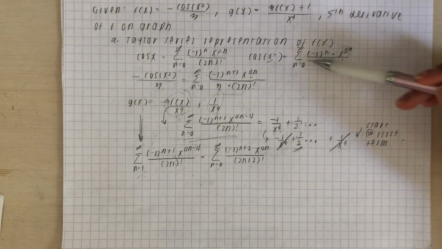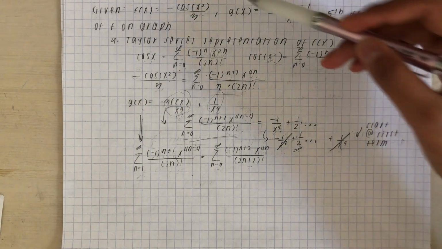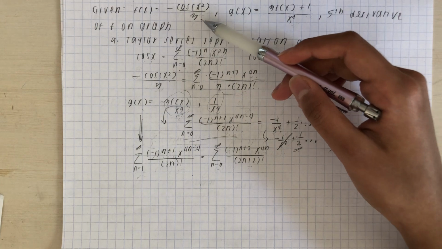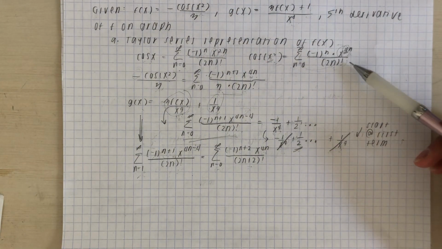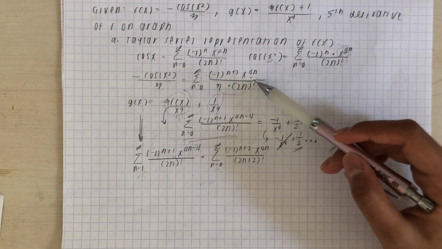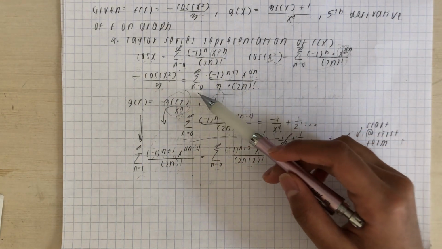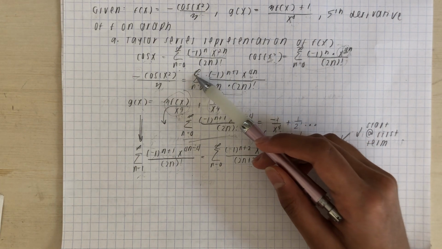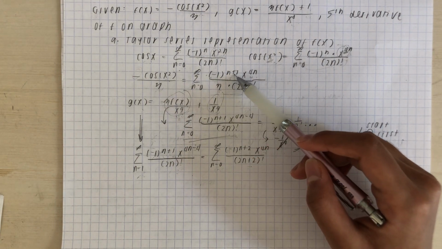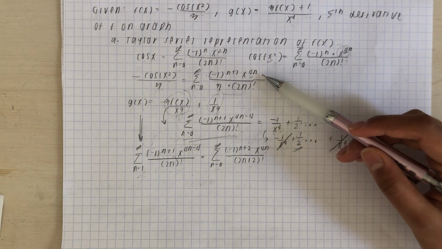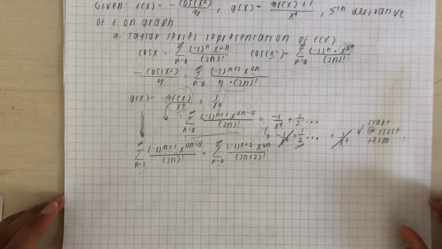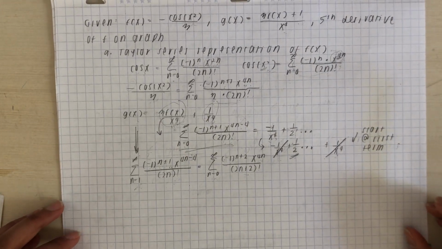But this is not all of f of x. f of x is negative cosine of x squared divided by 3, so we need to multiply this series by negative 1/3 to get the final series of f of x, which is going to be the summation from n equals 0 to infinity of negative 1 to the power of n plus 1 multiplied by x to the 4n divided by 3 times 2n factorial.